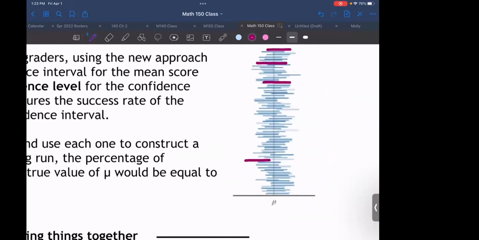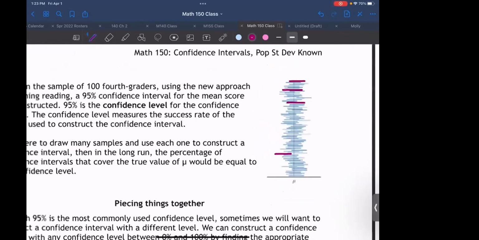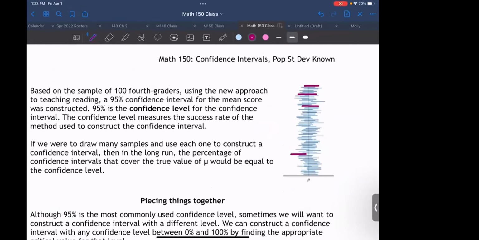Everyone else gets to win. Our confidence level doesn't really tell us the probability of the mean being in any specific confidence interval, but it tells us that if we did this process over and over again, with so many range games getting played, 95% would win, 5% would lose. Does anyone have any questions about what this actually means?